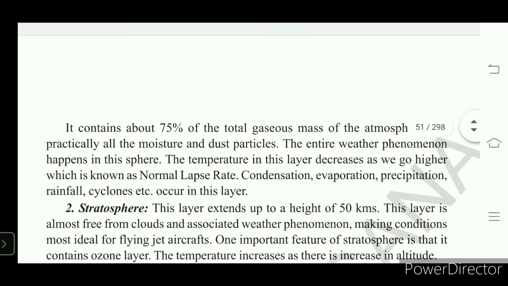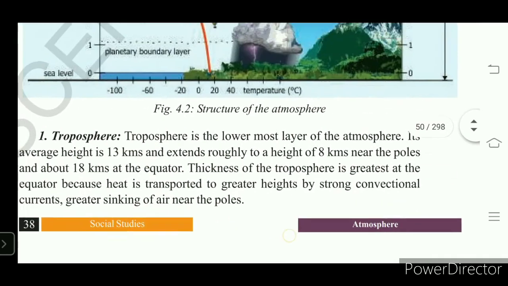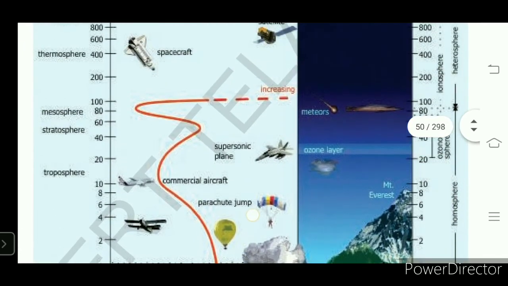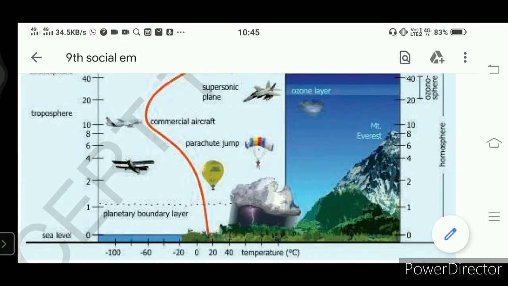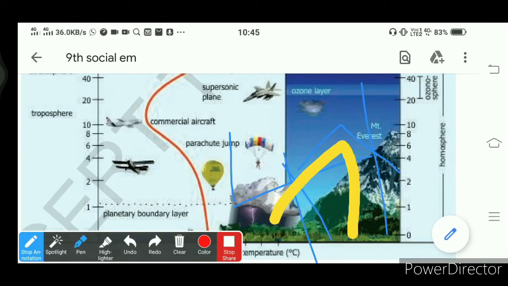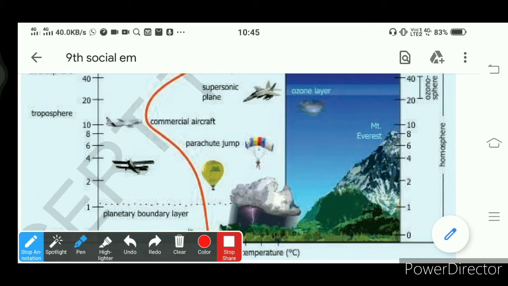Understand? I'll take you to figure 4.2. Dear students, look here. Where do you see the clouds? These are the clouds I am showing you. This is the cloud we see in the troposphere. Can we see these clouds in the stratosphere?